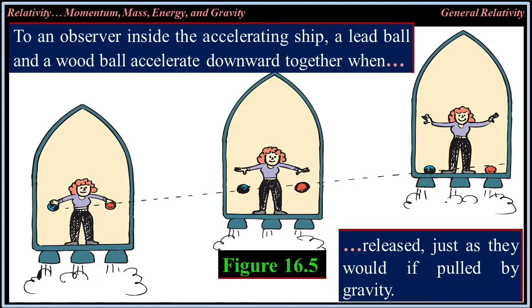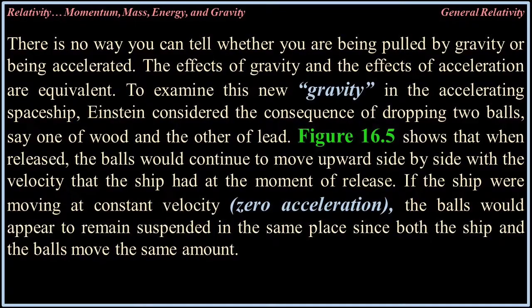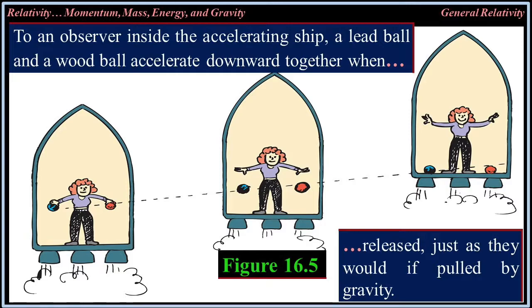If the ship were moving at constant velocity, zero acceleration, the balls would appear to remain suspended in the same place, since both the ship and the balls move the same amount. To an observer inside the accelerating ship, a lead ball and a wood ball accelerated downward together when released, just as they would if pulled by gravity.